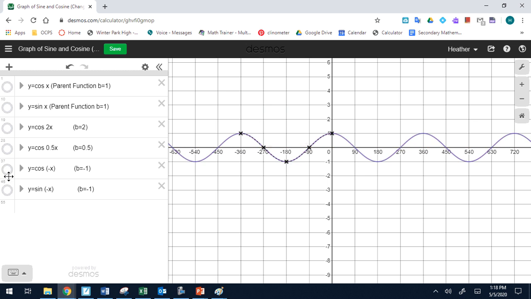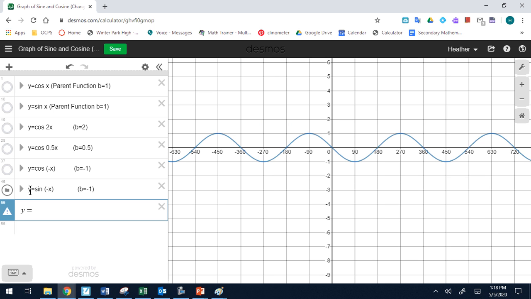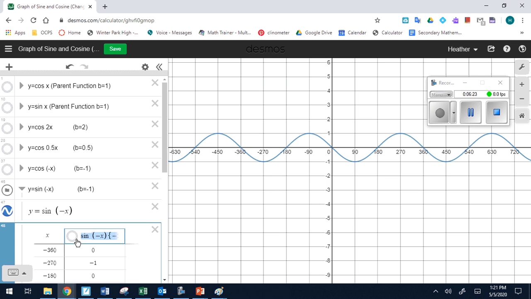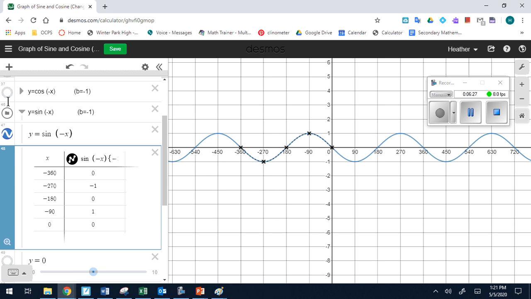Now, sine of negative x is actually the same as the graph of y equals negative sine of x. So this leads us to our property for sine. So remember, sine has that rotational symmetry. Before we do that, let's compare to our parent function here.